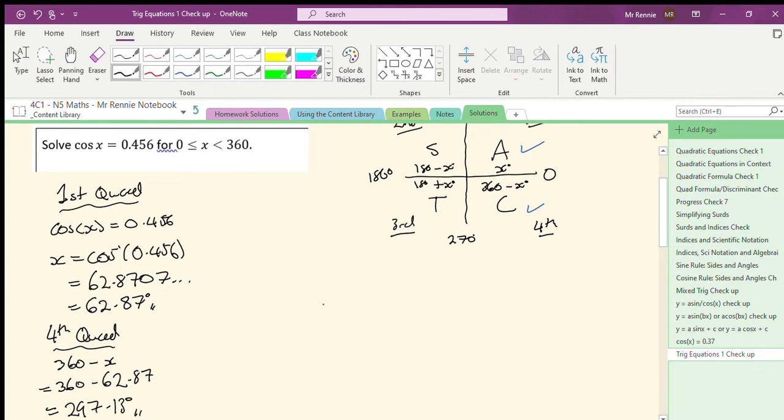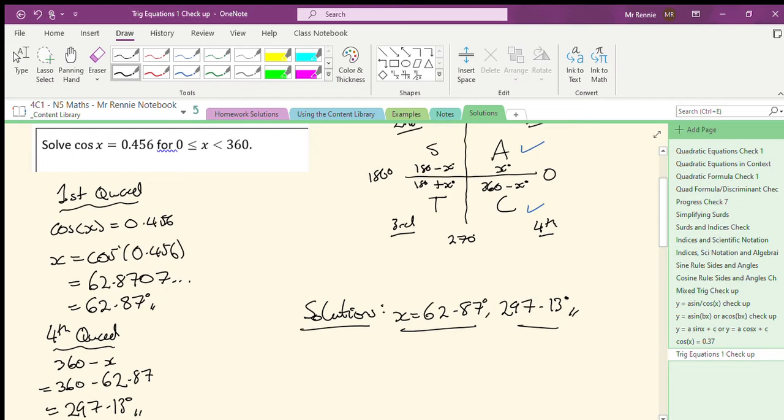It's a good point to write your solutions next to each other, which I'm doing here. So x would be 62.87 degrees and 297.13 degrees. Those are the two solutions we got.